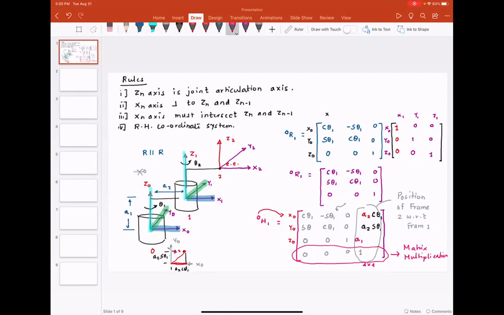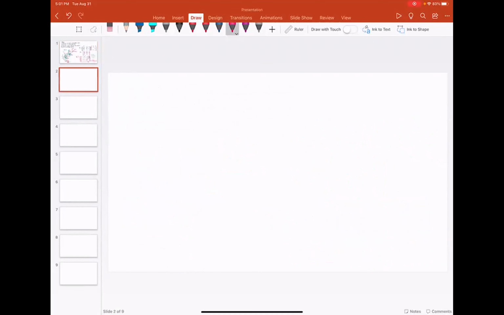Okay. Now what I'm going to do is, I want you to think about this problem for a minute and understand that, okay, I'll work out this problem again, no problem. So what I want to do now is I went from frame 0 to frame 1. Now I want to go from frame 1 to frame 2.